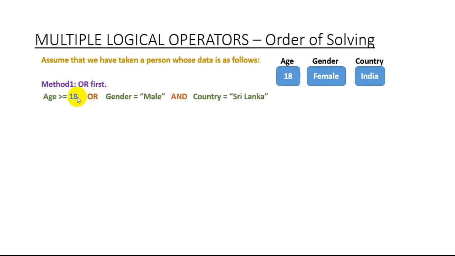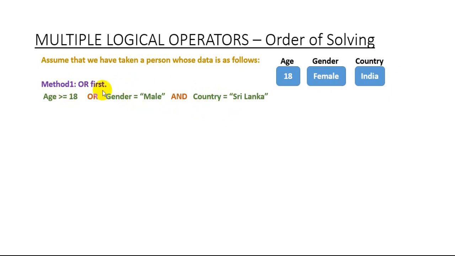Let's take this equation. In this case I have included an equal sign in the age condition: age greater than or equal to 18, or gender equals male, and country equals Sri Lanka. So here I have an OR and an AND joining the three conditions. Let's see how this will work out.